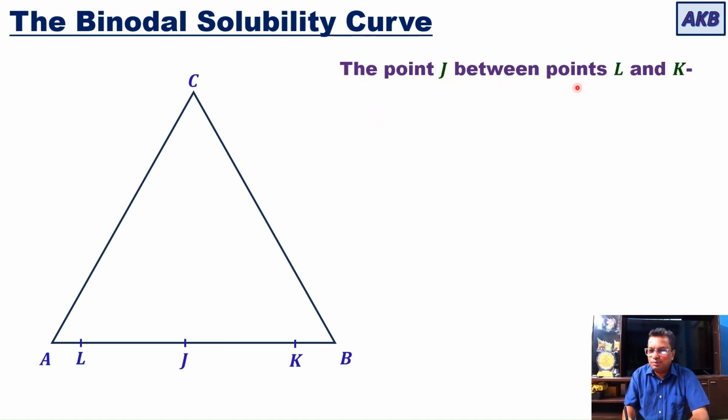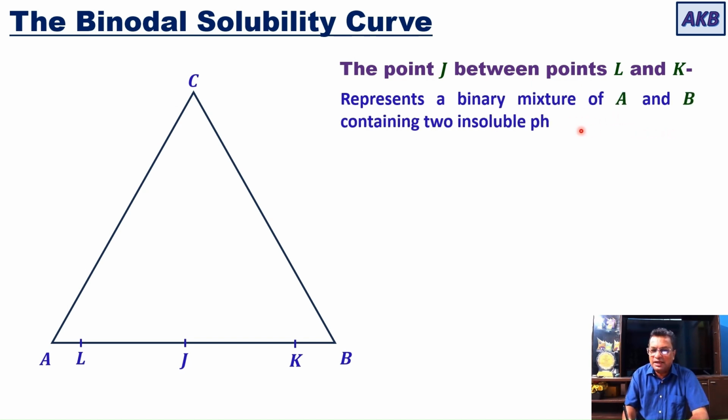Point J between points L and K represents a binary mixture of A and B, and in this case the mixture will contain two insoluble liquid phases. So point J represents a two-phase binary mixture of A and B.